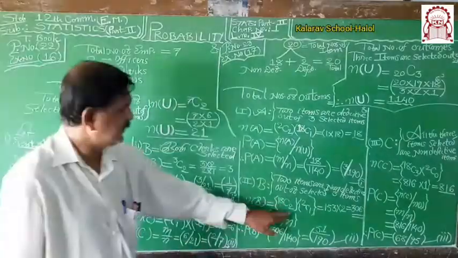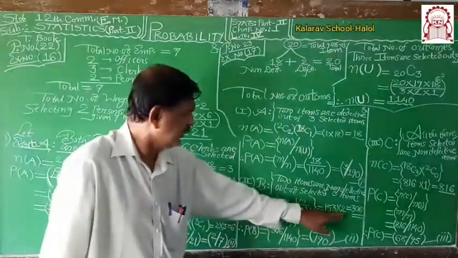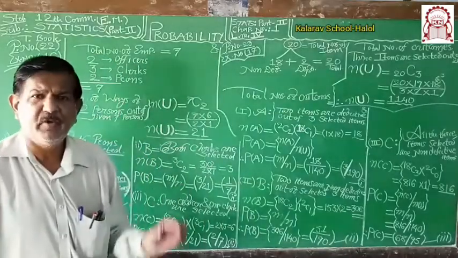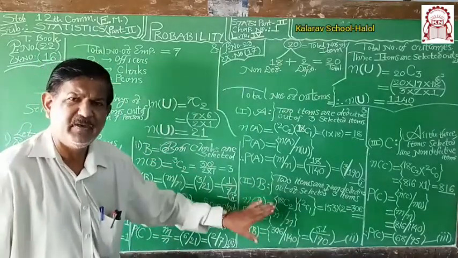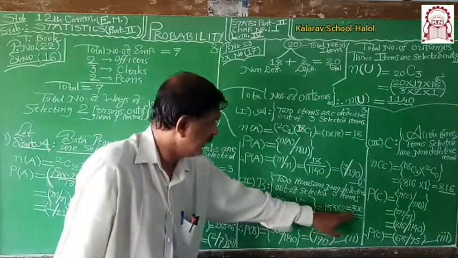The calculation, 18C2 into 2C1, gives 153 into 2, so the answer is 306. Therefore, the favorable outcomes for the event B is 306.